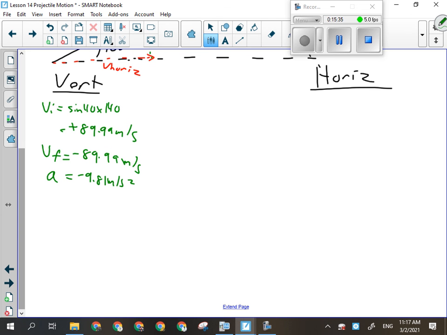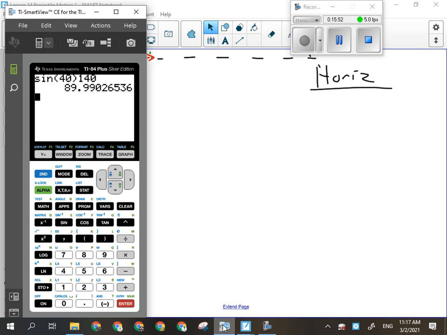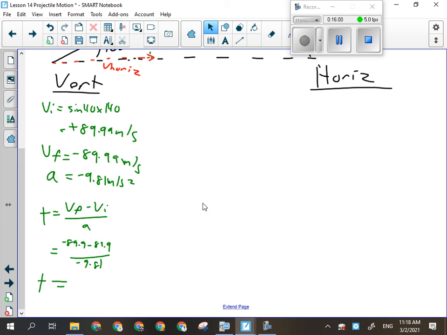Time is VF minus VI over A, so that'll be negative 89.9 minus 89.9 over negative 9.81. We take that number, multiply it by 2, and then divide it by 9.81. So we got 18.3 seconds for our time.